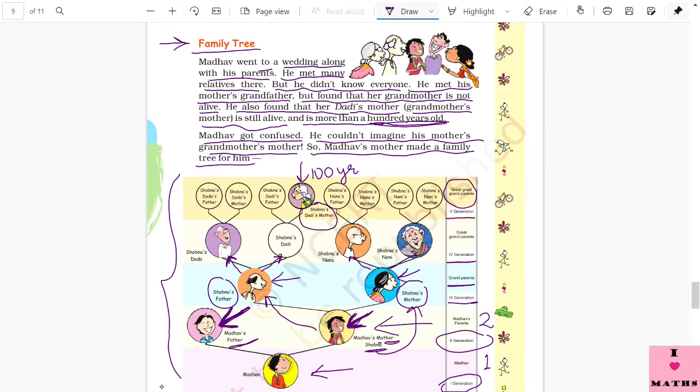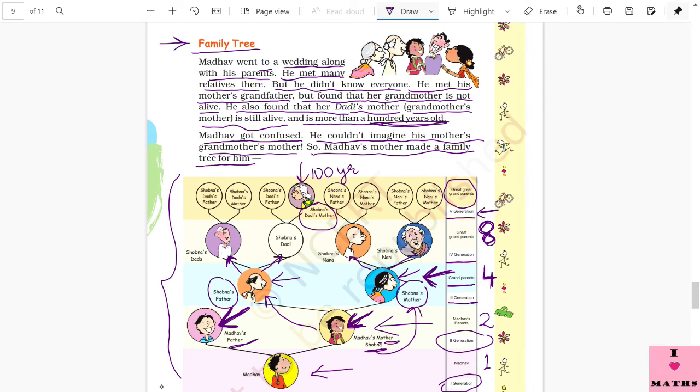Okay, so in third generation we can see two grandparents. It means Madhav's Nani and Madhav's Nanu. Obviously, Madhav's Dadi and Dadu are also there. So, Madhav has 4 grandparents in third generation. Okay, now in fourth generation we can see there are 4 people from his mother's side, but total there are 8 people, 4 from his mother's side and 4 from his father's side.